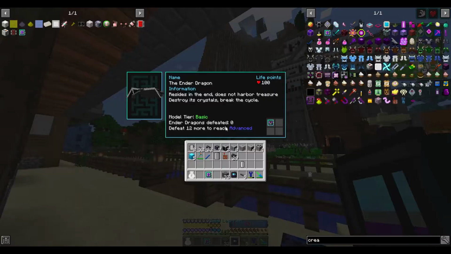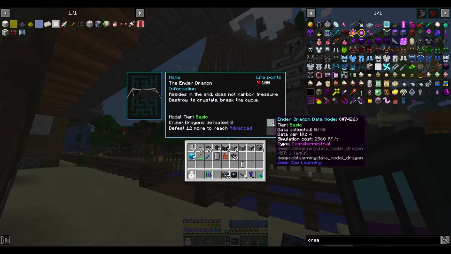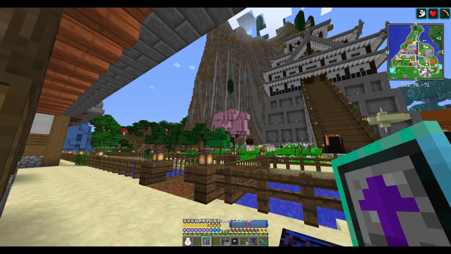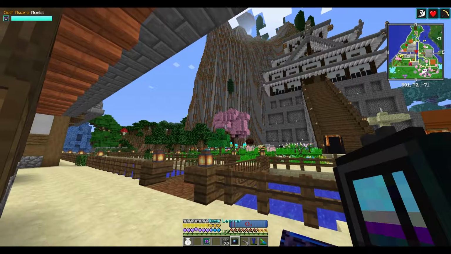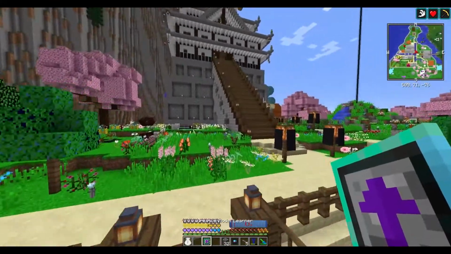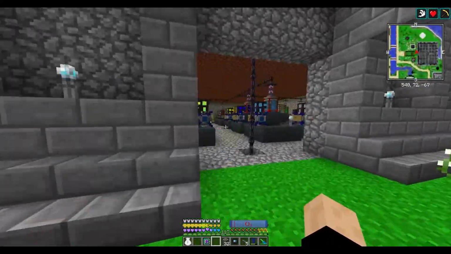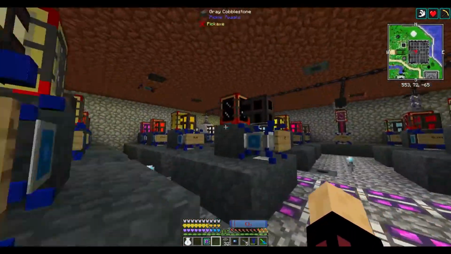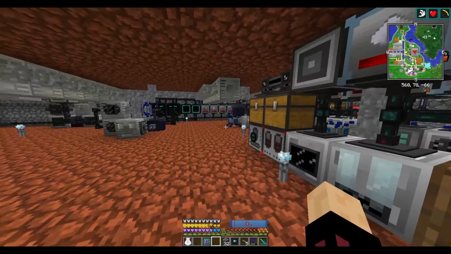You hit it once and it goes from faulty to basic. And if you use shift right click a bunch of times, yay, self-aware.